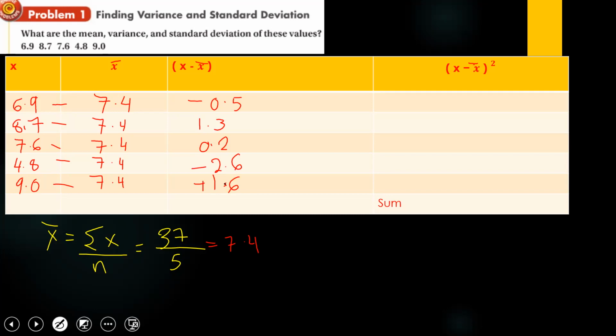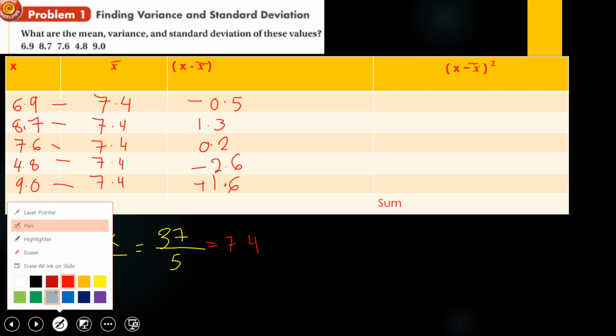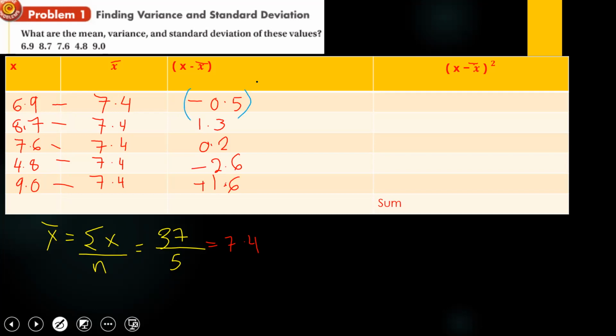Then after that, you have to square these numbers. That means you have to find the square of each one. I told you, after you find the difference, you have to find its square. So negative 0.5 squared, or 0.5 squared, is 0.25. Be careful: they must be positive values.